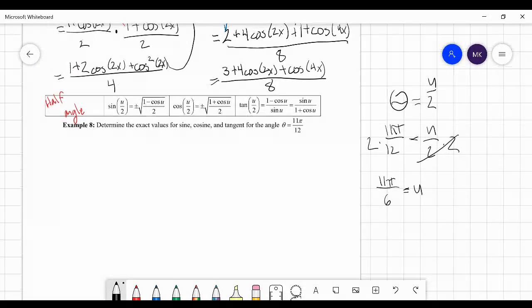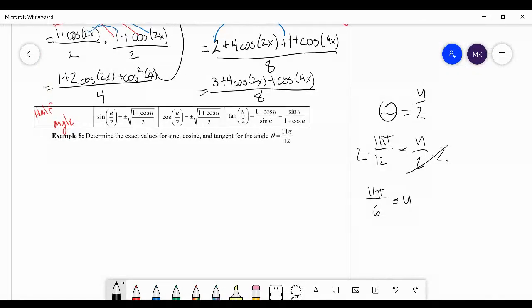So sine of 11 pi over 12 is equal to sine of 11 pi over 6 over 2. We are going to figure this out, but before we do, notice that for sine and cosine, we get this plus or minus.